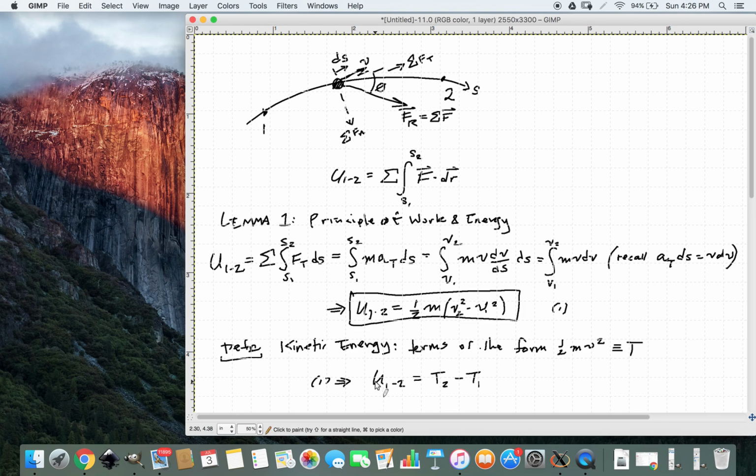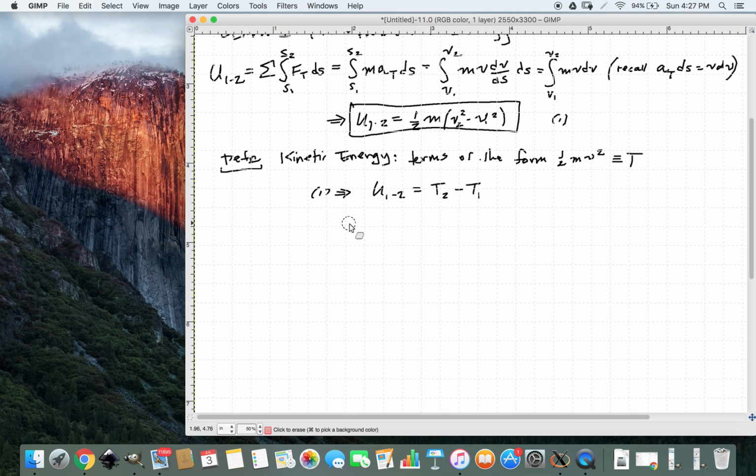And just to be clear here, what we're saying is that T1 is equal to 1/2 m v1 squared, and T2 is equal to 1/2 m v2 squared.